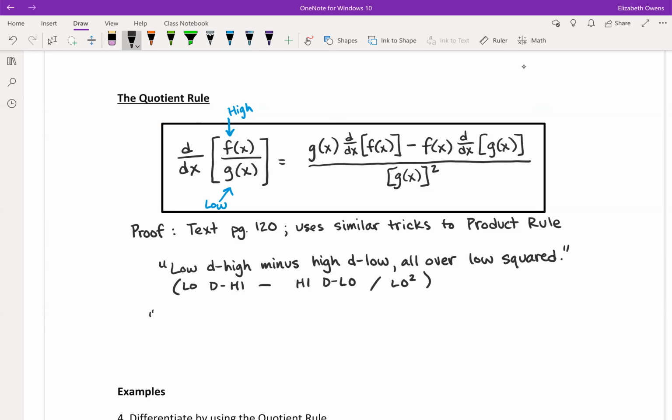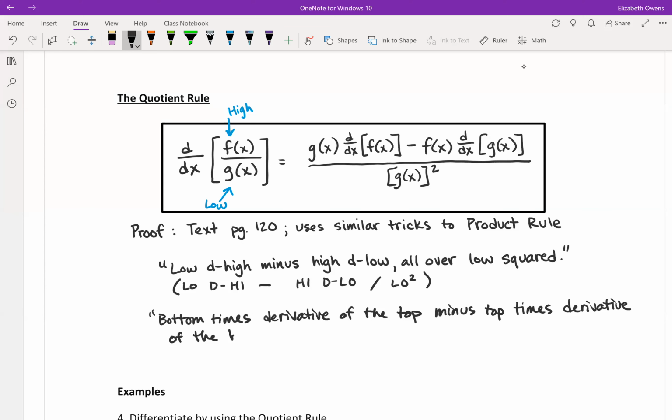I memorized this as the bottom function times the derivative of the top, minus the top times the derivative of the bottom, over the bottom function squared.